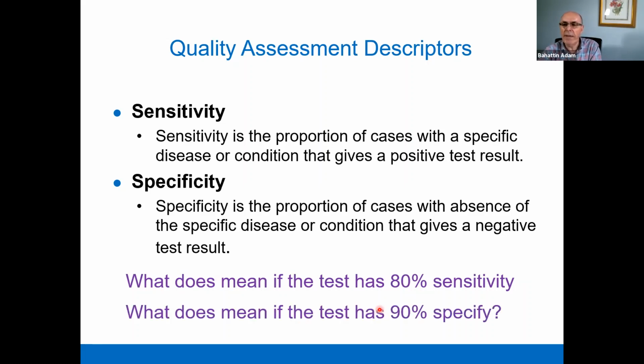If you perform the same test in the healthy population, and about 90% of tests are negative because they are healthy, the specificity of your test will be 90%.